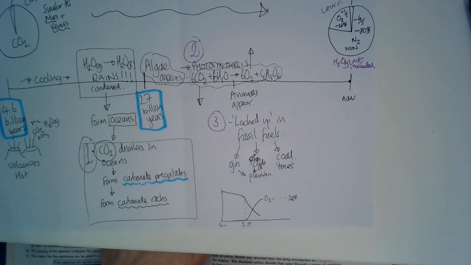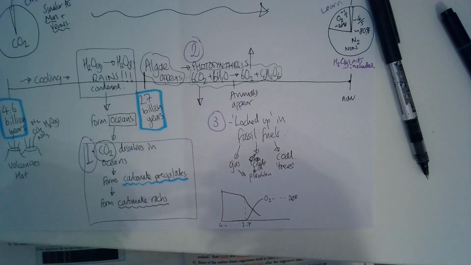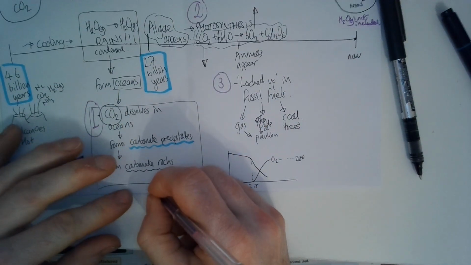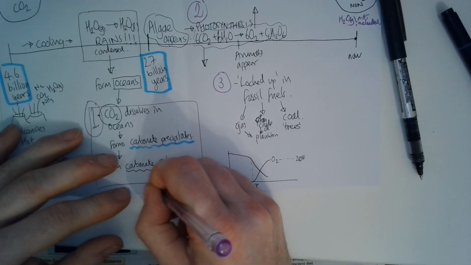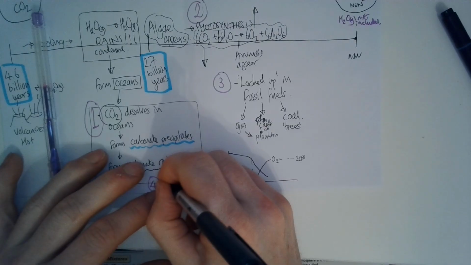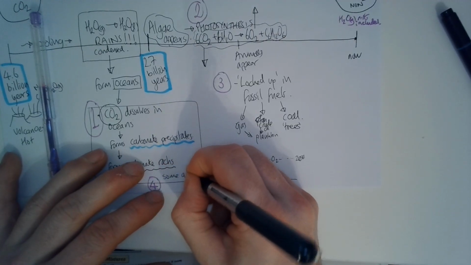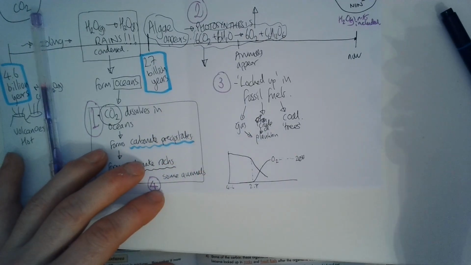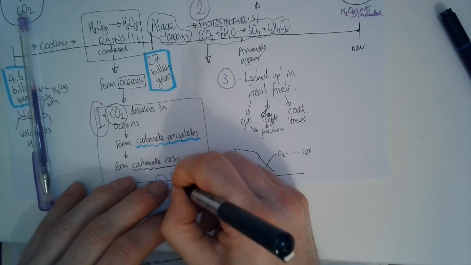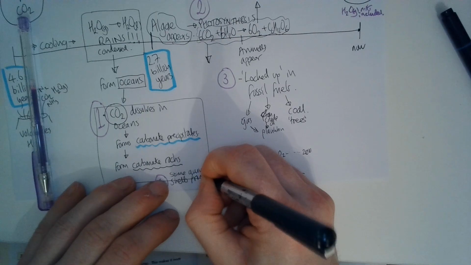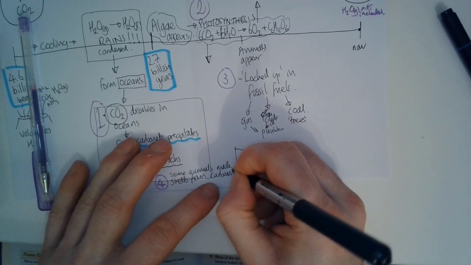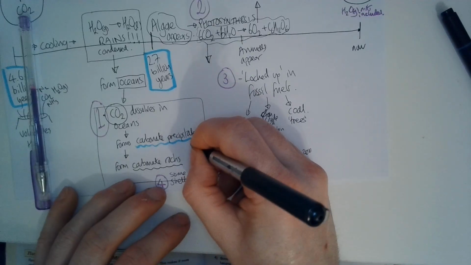There is one last little bit, and it's a 4th, and I am going to put it on because it does appear every now and again. It's very specifically about some animals made shells from carbonates, the same carbonates that are here.